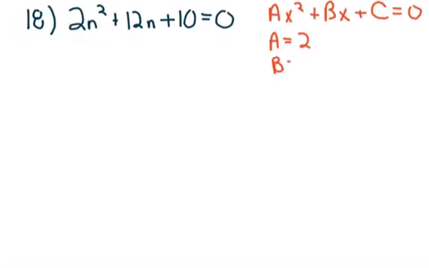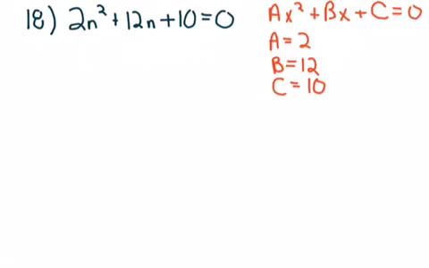B is equal to the coefficient of the variable that is not squared, and the coefficient of that is positive 12. So B is 12. And now I find my C. It's just going to be the constant in my expression, which in this case is positive 10. So C is positive 10.